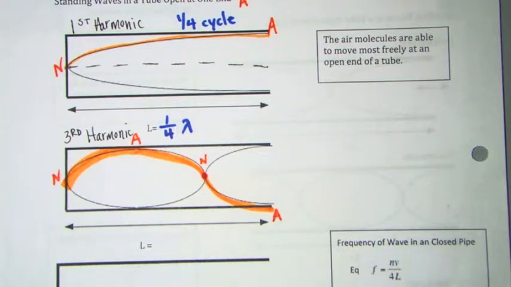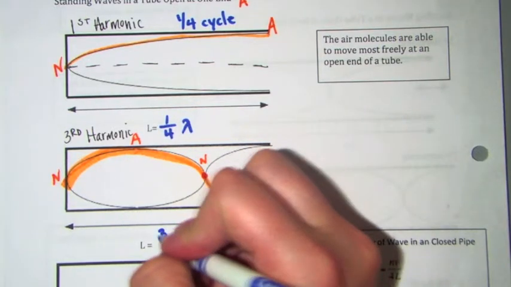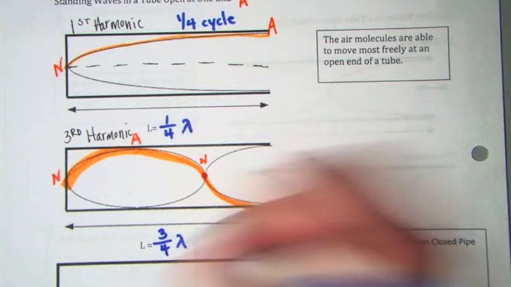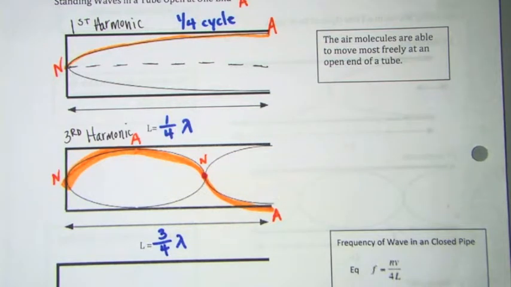If I ask you what's the equation to find L, you would say what? Yeah, 3/4 times the wavelength. So how many cycles are in the third harmonic? 3/4. 3/4 of a cycle.